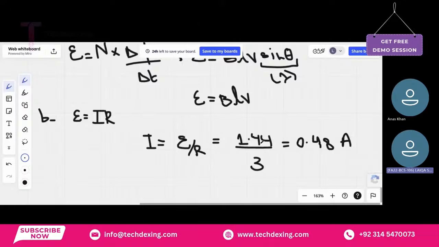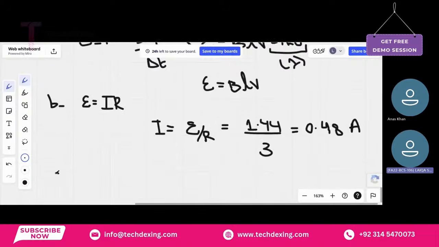Yes. Now we have to find the power in part C. Which formula will we use to calculate the power? It's I squared R. Is it only I squared R, or could we use the other one also? Yes, you can use the other one as well. What's the other one?